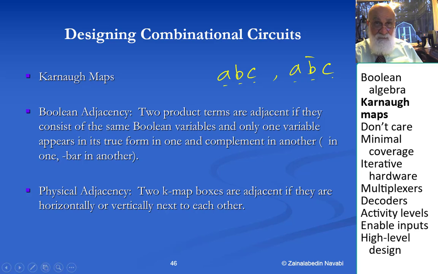Okay, like that. Only one variable, that means B, B bar, true form in one, complementary form in another.